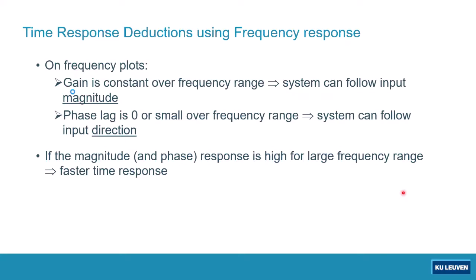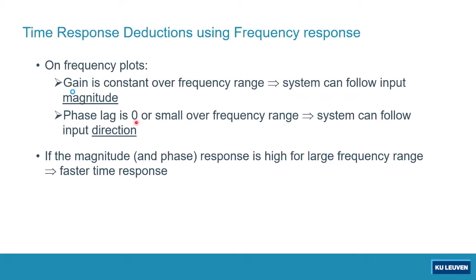On a frequency plot, if a gain is constant over a certain frequency range, at the low frequency, this will tell us the system can follow input magnitude. If we have phase equal to 0 over a certain range of frequency, that means the system can follow the input direction.